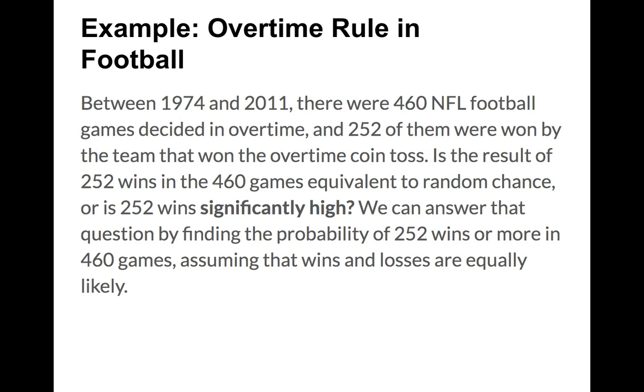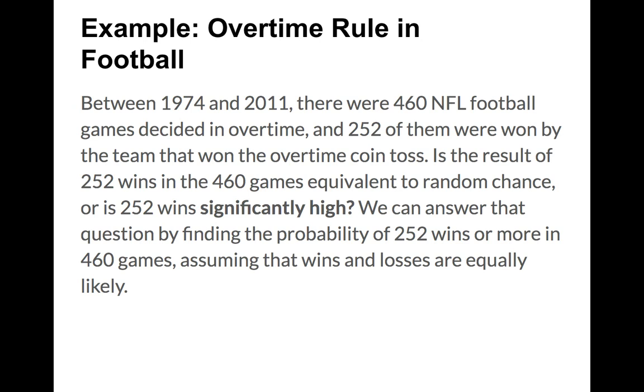Now, we are going to look at that statistically speaking right now. Between 1974 and 2011, there were 460 overtime games, with 252 of them being won by the team that won the overtime coin toss, because you always chose to get the ball if you won the coin toss.